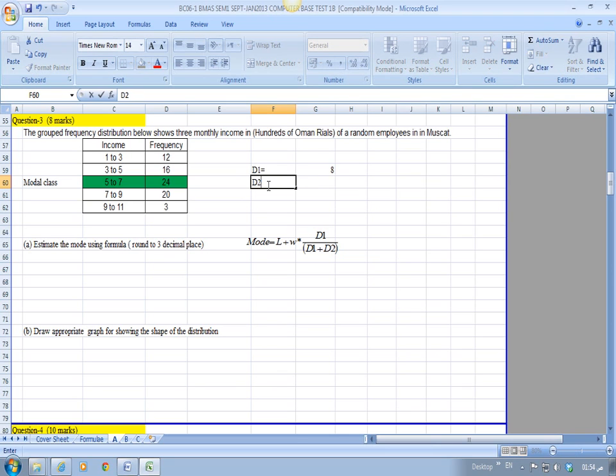D2 equals the highest frequency minus the frequency after it. So it is equal to 24 minus 20, and now it will give us 4.